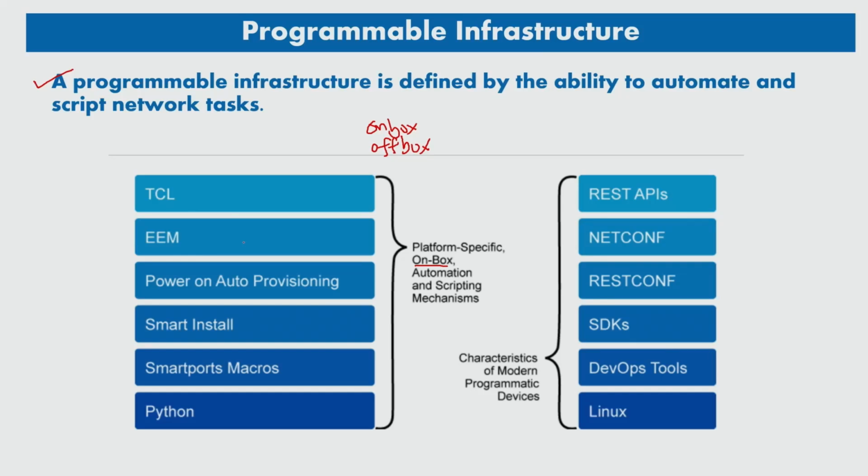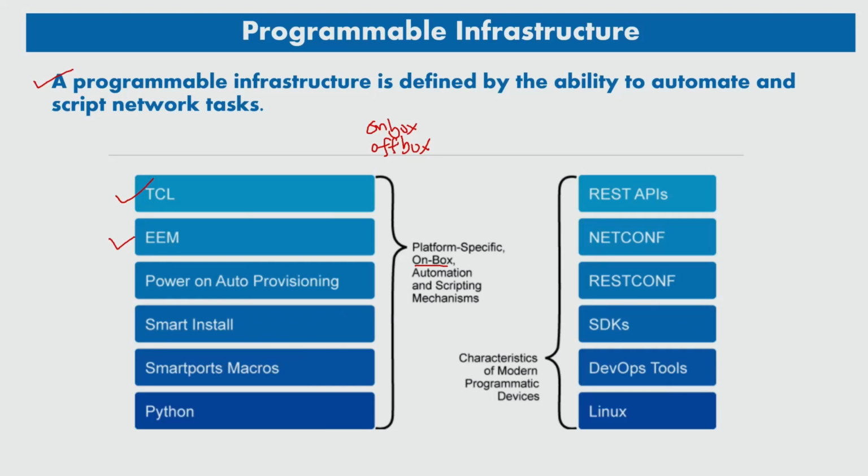On box programming refers to scripting techniques such as TCL, Tool Command Language, or the Embedded Event Manager, EEM, which come pre-installed in the network operating system of several Cisco products like the Nexus switches. A native Linux interface is available on several platforms, as well as access to a Python execution engine that can be used to improve on-box programmability. In most cases, on-box techniques are platform-specific.